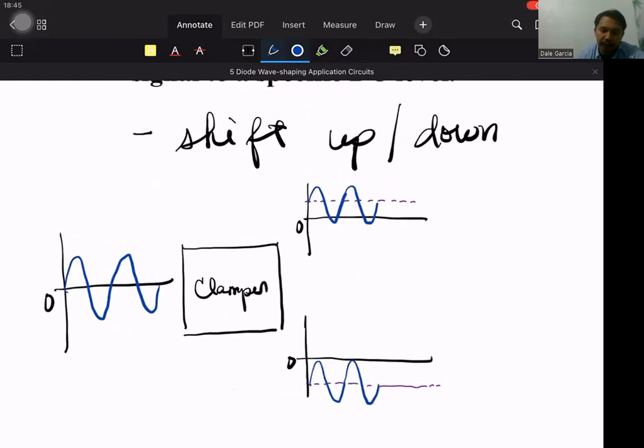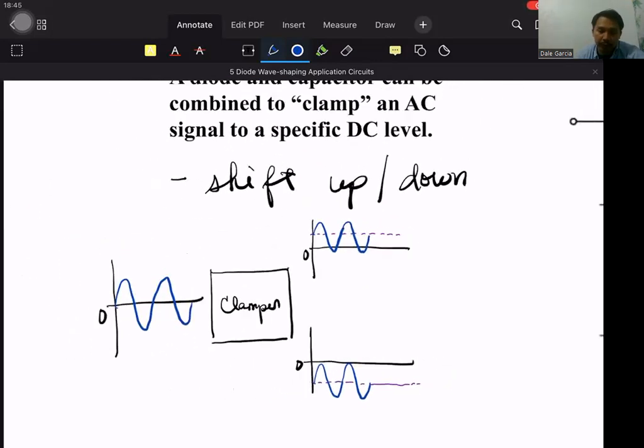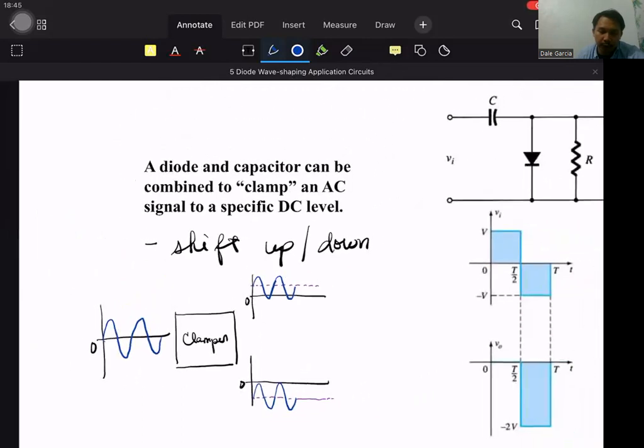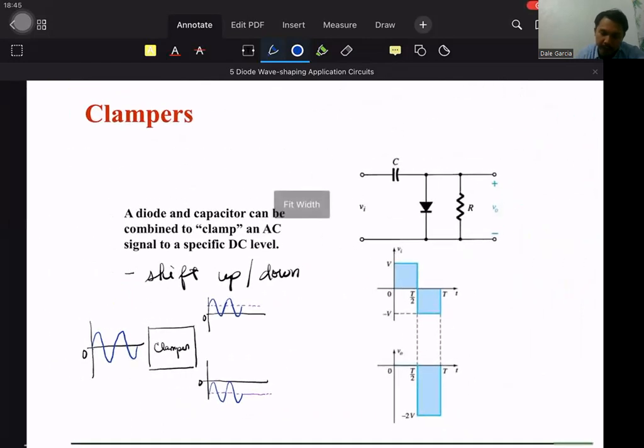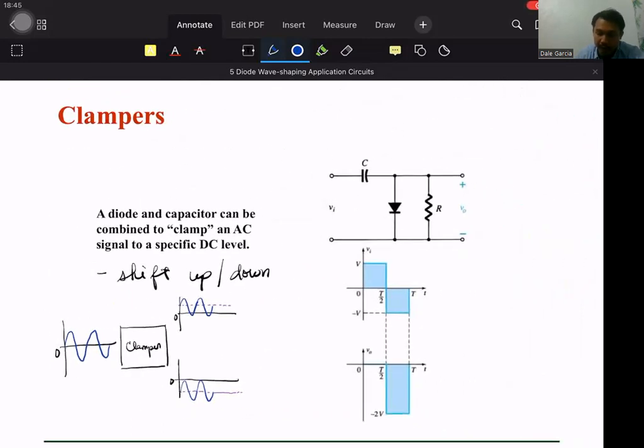So that's how clampers work. How does it do that? With a combination of a diode and capacitor, in many different manners.